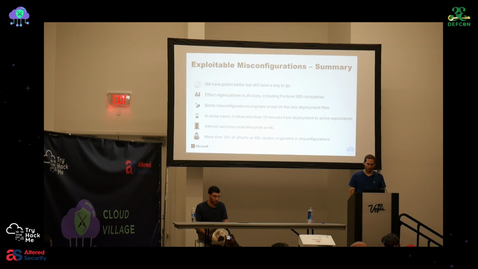And lastly, more than 50% of the attacks that we see against containerized applications originate in misconfigurations and not software vulnerabilities. So even if your organization has the best vulnerability scanner, even if you automatically block every vulnerable application in the network, you still did only half of the job.